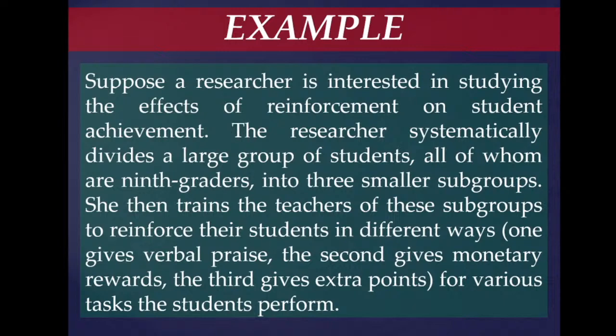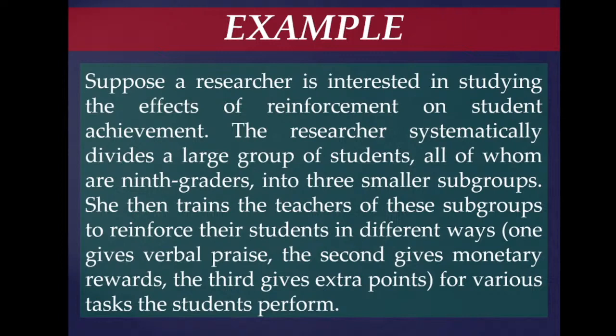The researcher systematically divides a large group of students, all of whom are ninth graders, into three smaller subgroups. She then trains the teachers of these subgroups to reinforce their students in different ways. One teacher gives verbal praise, the second gives monetary rewards, the third gives extra points for various tasks the students perform. What are your answers?